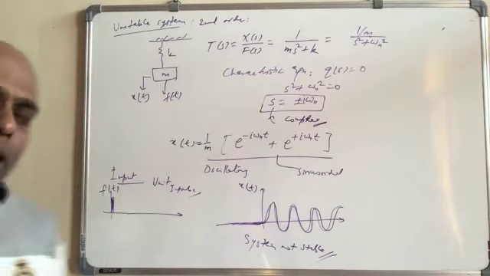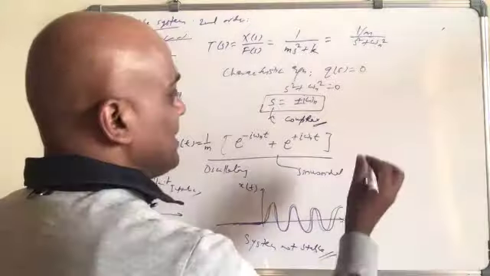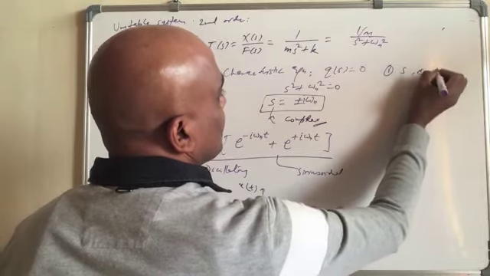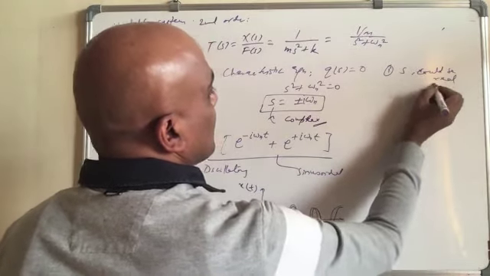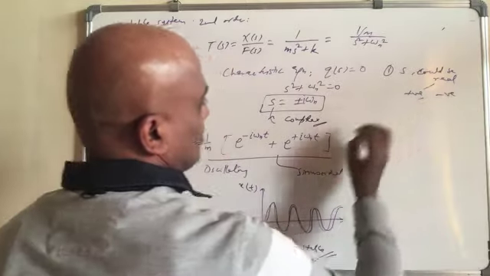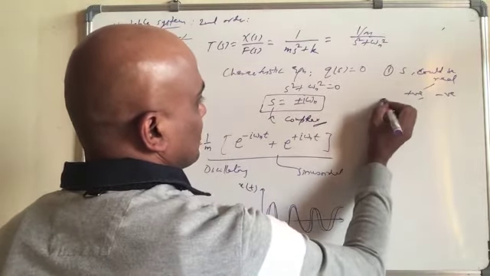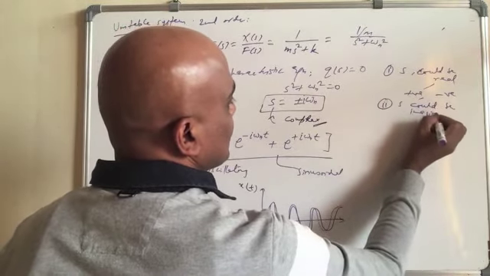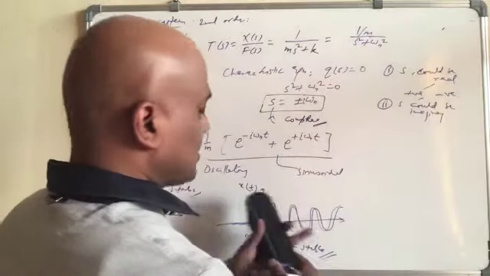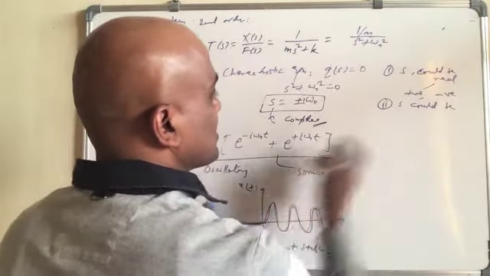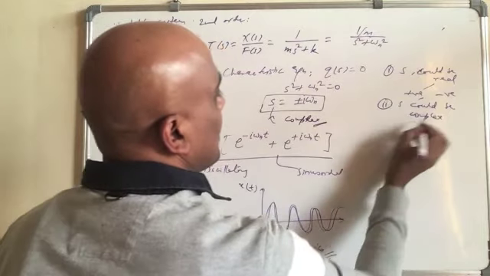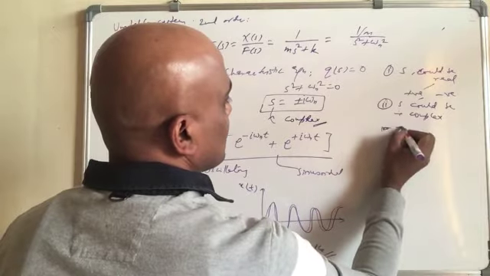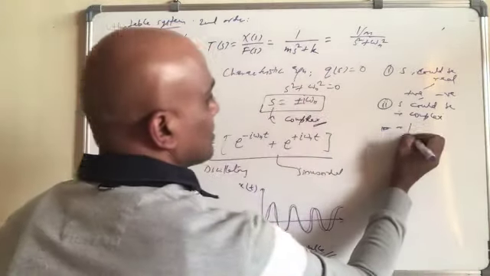Okay. So what we understand from here is, first thing, s could be real, could be positive, could be negative. s could be imaginary, complex, and could be purely imaginary.